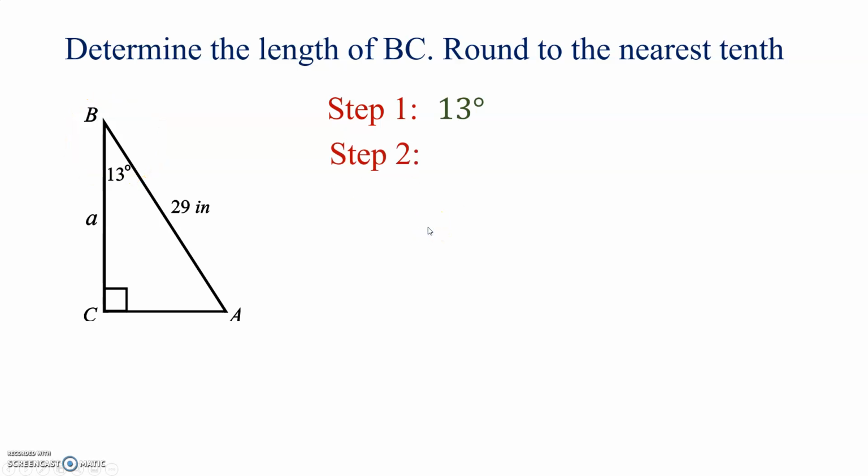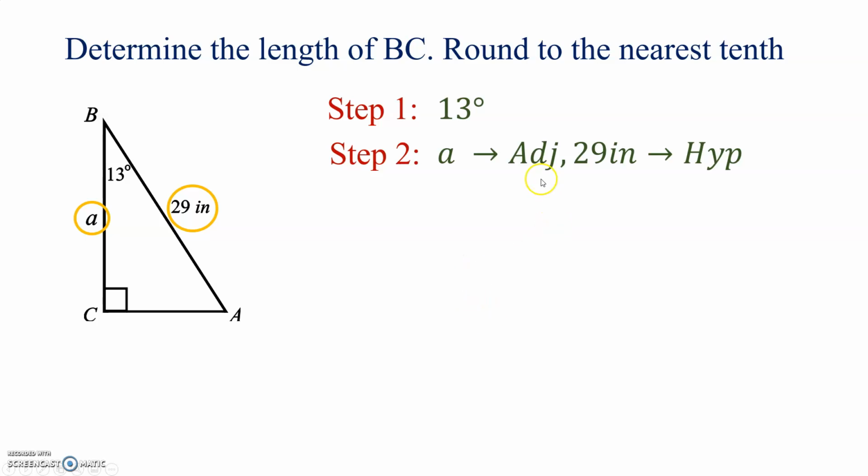Step 2 says, now name each of the sides we're working with. Well, we're working with the A and the 29 inches. Side A is adjacent to angle B, and the 29 is the hypotenuse. So A is the adjacent, the 29 inches is the hypotenuse.